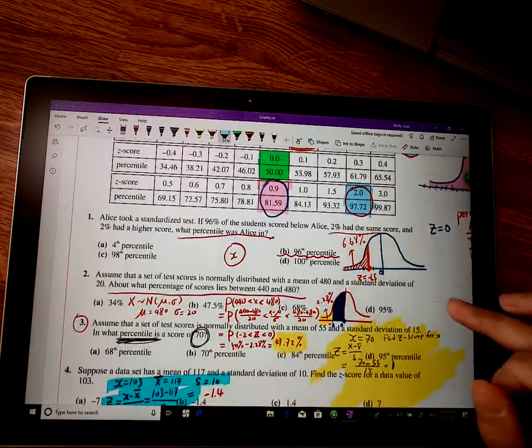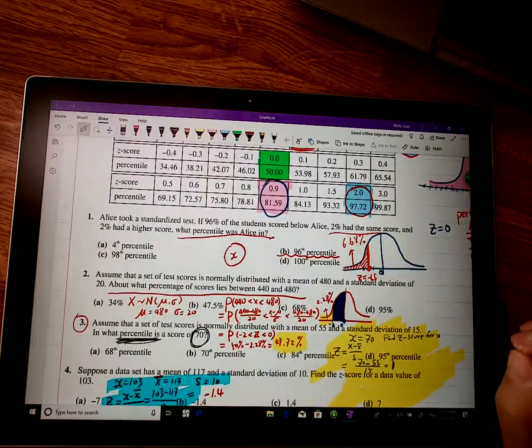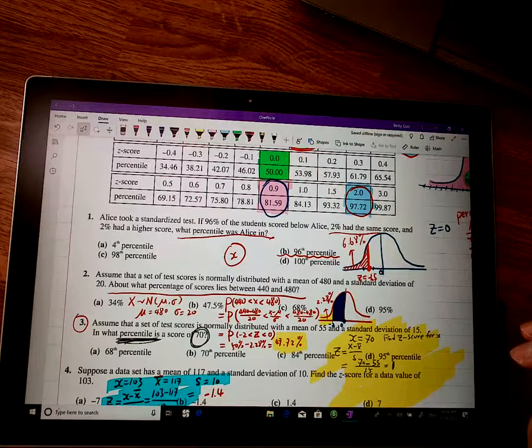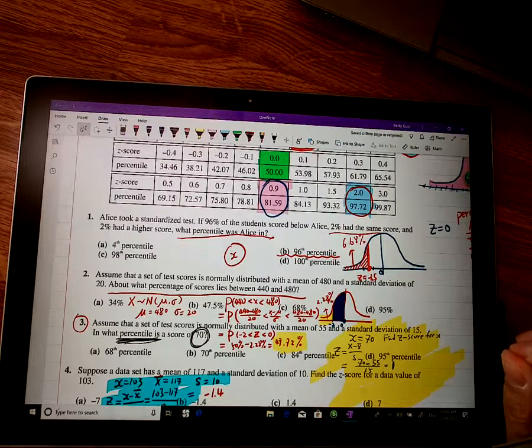Number 2, assume a set of test scores is normally distributed with a mean of 480 and a standard deviation of 20. About what percentage of scores lies between 440 and 480?